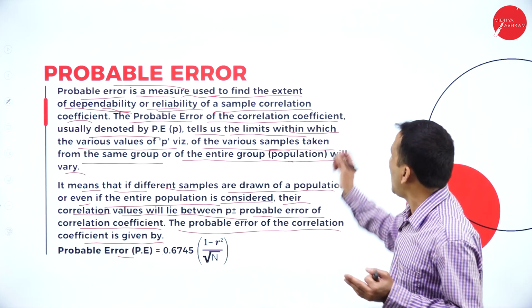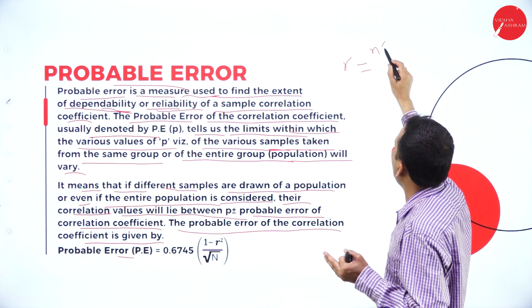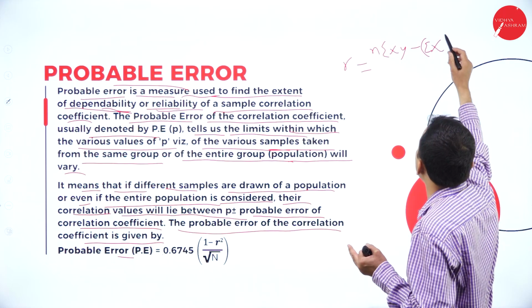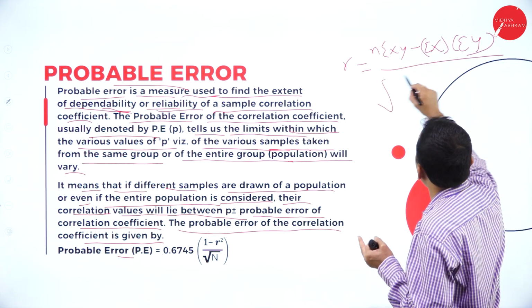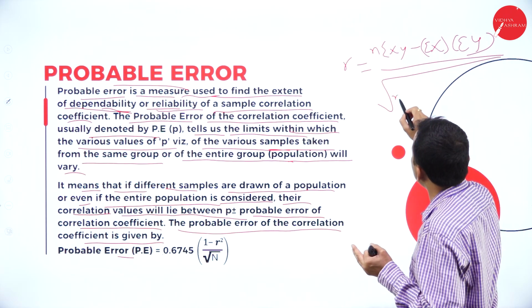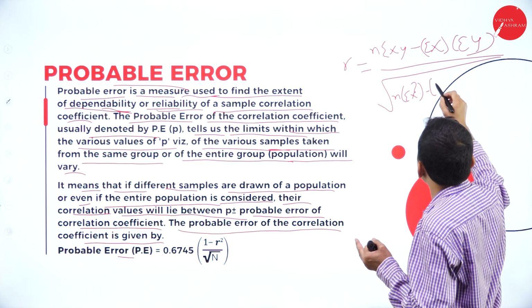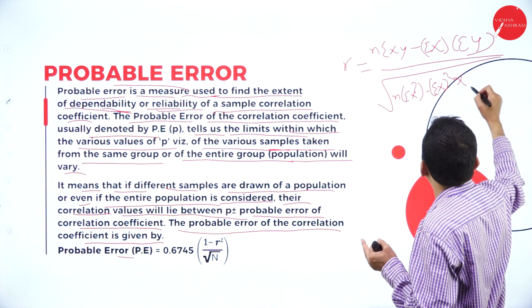You know the formula for correlation: n into sigma xy minus sigma x into sigma y, divided by the square root of [n sigma x squared minus (sigma x) squared] multiplied by the same for the y series.